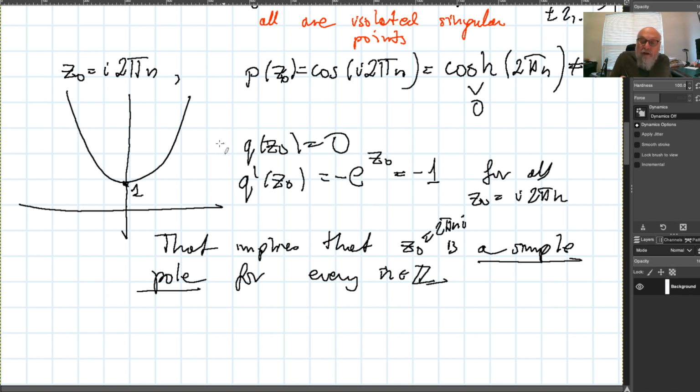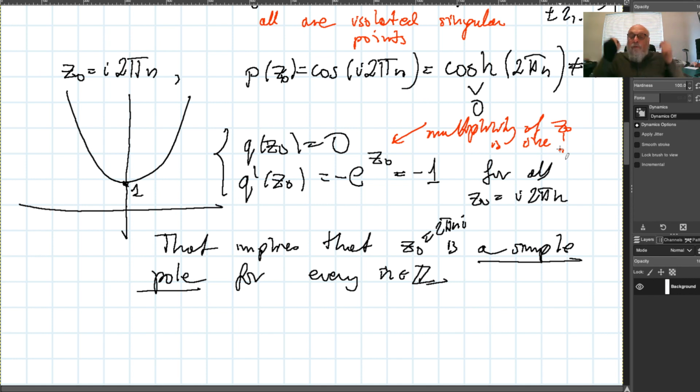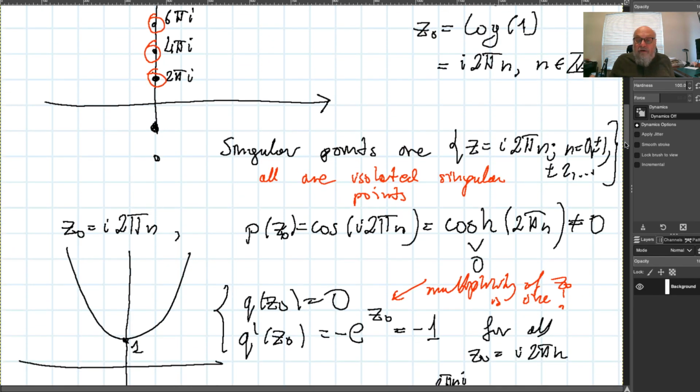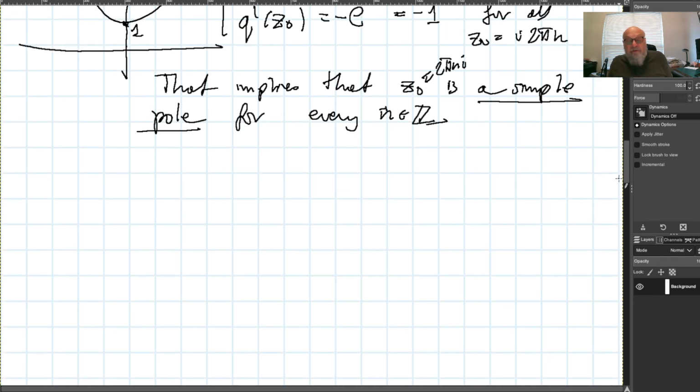Why? Because this is a zero of multiplicity, maybe I should use red, it would be too messy, multiplicity of z0 is 1. So that means it's a simple multiplicity, simple pole. Very good. So we got all the poles are simple poles in this case.